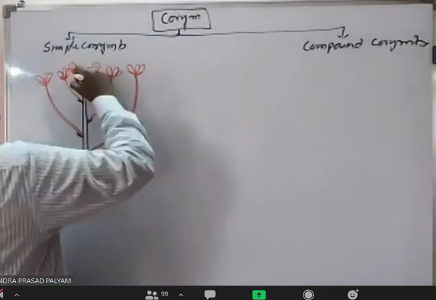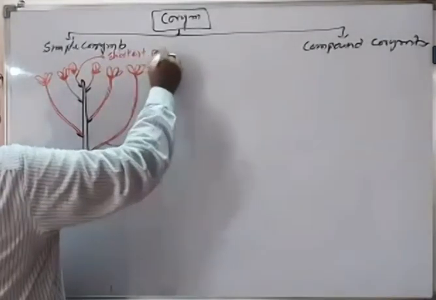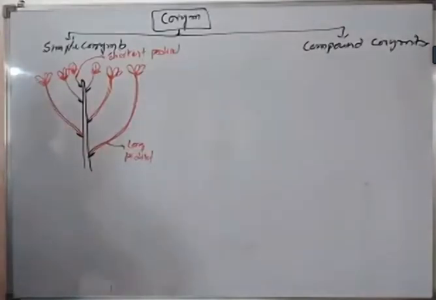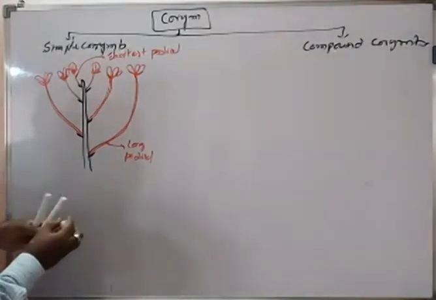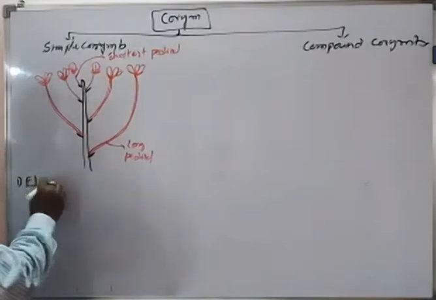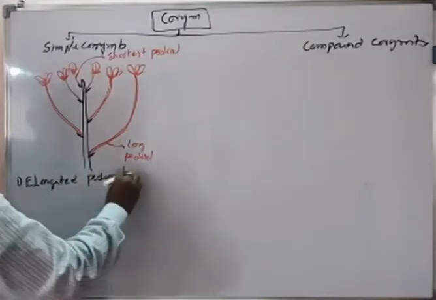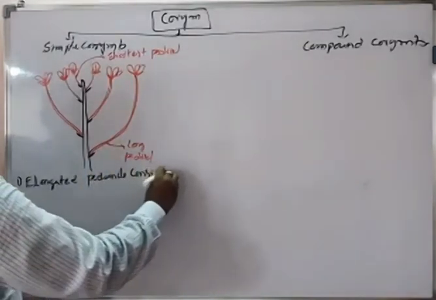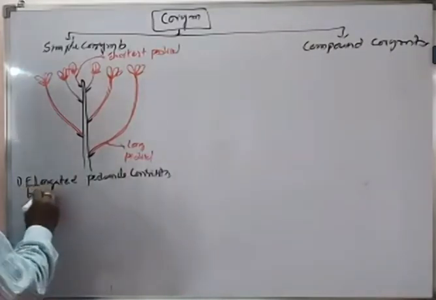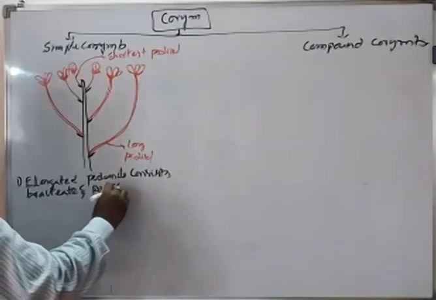The topmost flower has the shortest pedicel. All the flowers are brought to the same height. This is called simple corymb. So the elongated peduncle consists of bracteate and pedicellate flowers.